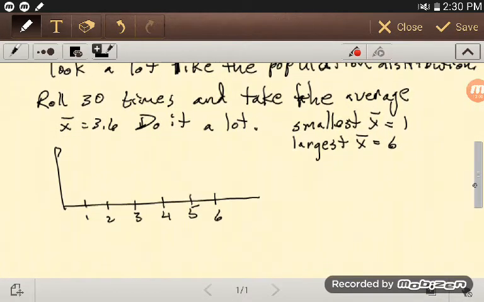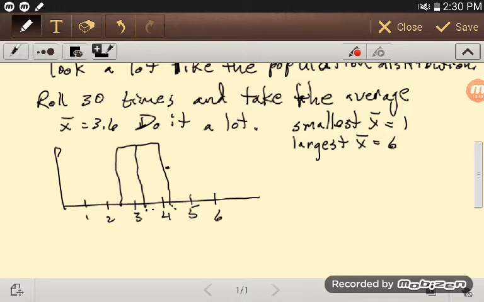So if I do a histogram, and I do this a lot, the bars should be coming down right in the middle. I'm going from 2.5 to 3.5 and 3.5 to 4.5 and so forth.